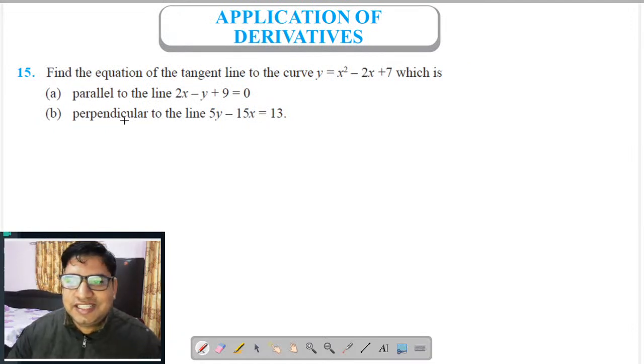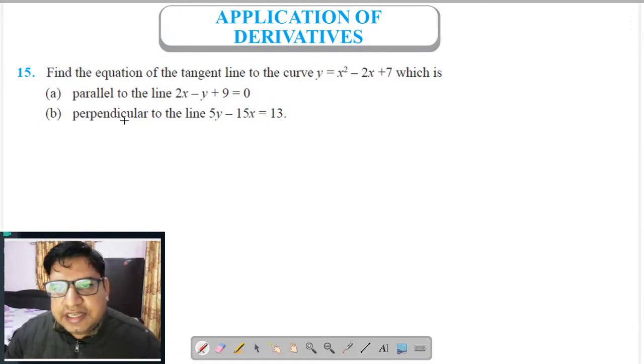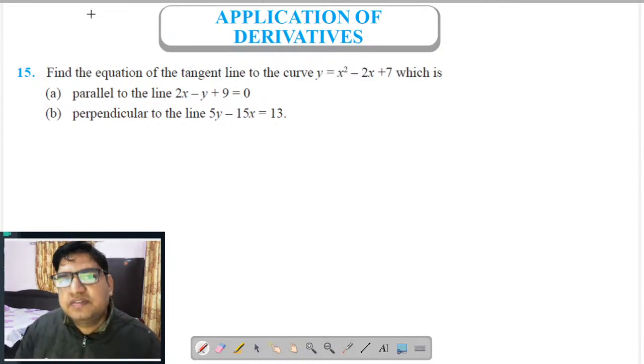Here we have: find the equation of tangent line to the curve, and parallel to the line. Okay, as we have discussed, when two lines are parallel to each other, their slopes are equal. We'll use that property and simply solve it.